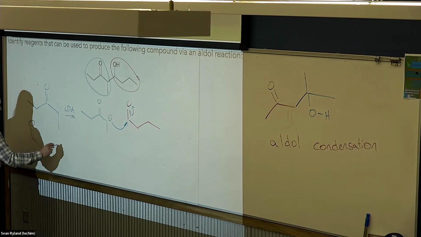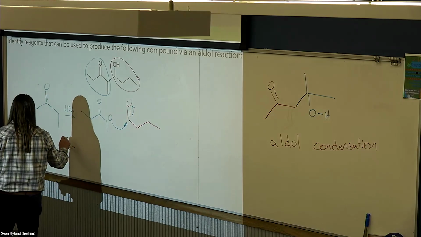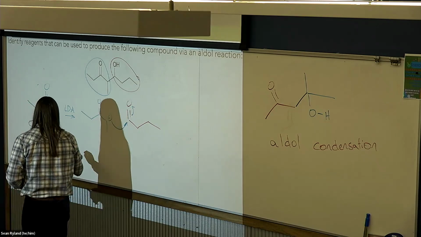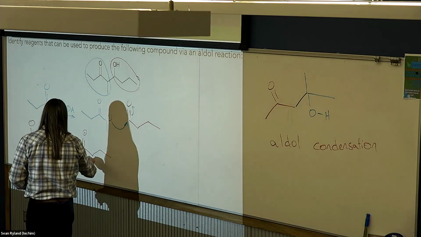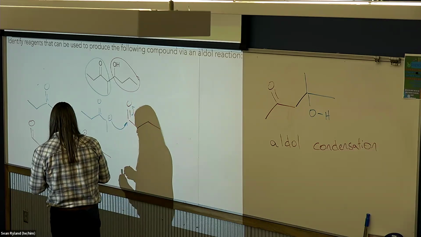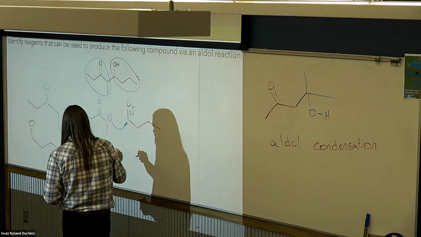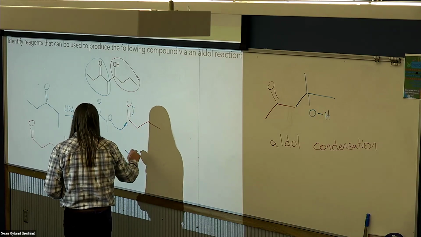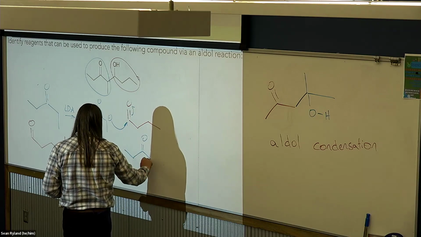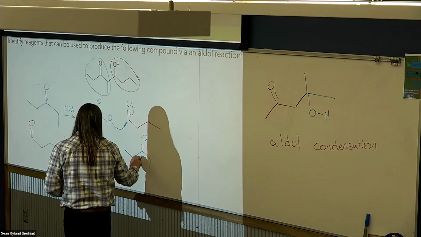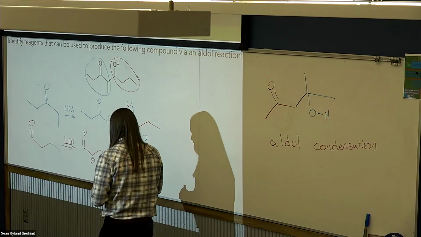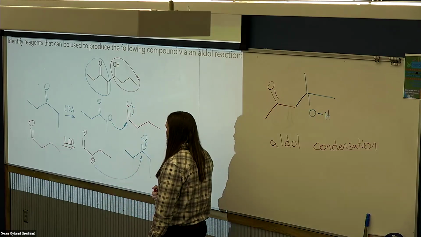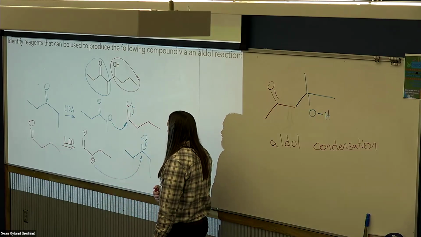Exactly. If we did it this way, we're gonna make this enolate, which then attacks the top one. The top one is what we want, because then that would make the blue one have the wage.